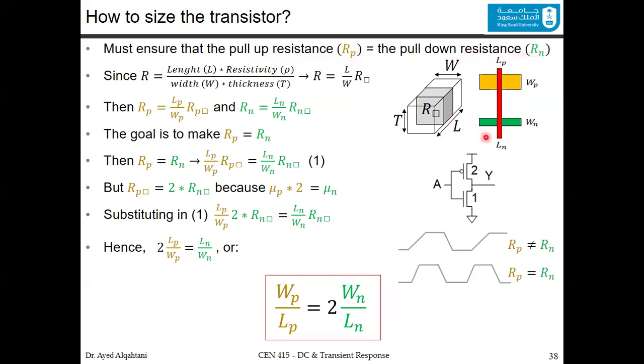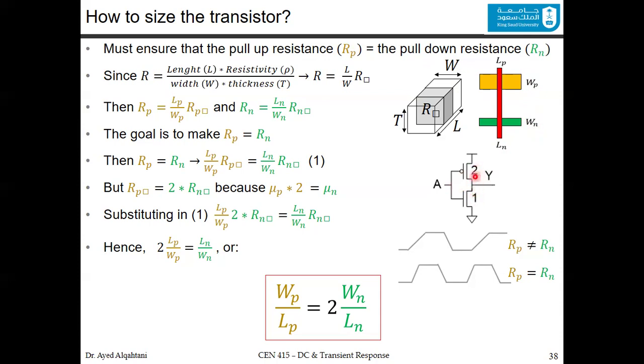And to do this, if you have a transistor here and another transistor here with a certain dimension, you have the length, the width, and also the thickness. Notice that if you want both resistances equal to each other, then you make the width of the P twice the width of the N. And this is what we talked about before, that the ratio between the P and the N for a simple inverter is 2 to 1.